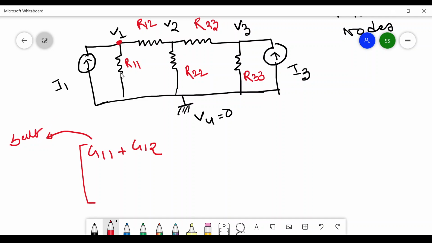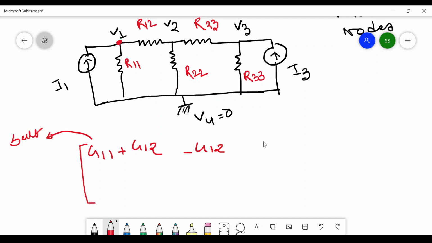Okay. Now the second element is only the conductance connected in between node 1 and node 2, and it will be put with minus sign, minus G12. And for third, what is the resistance connected in between node 1 and 3? You can see from this figure, no resistance is connected in between 1 and 3.